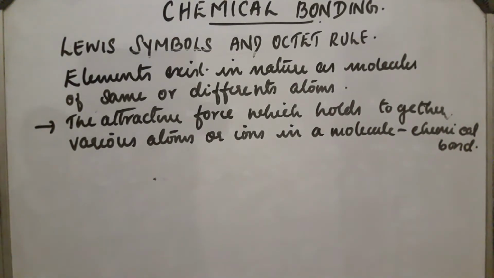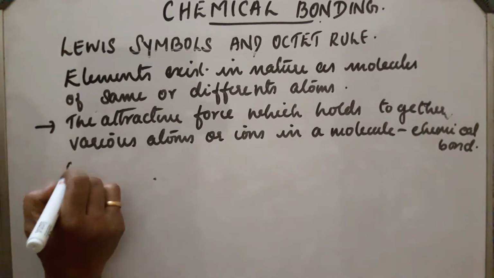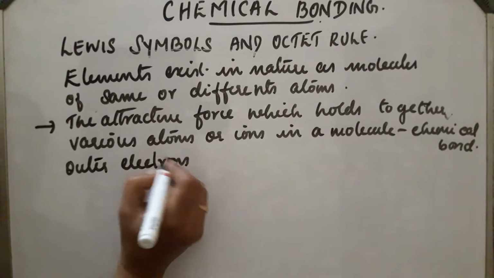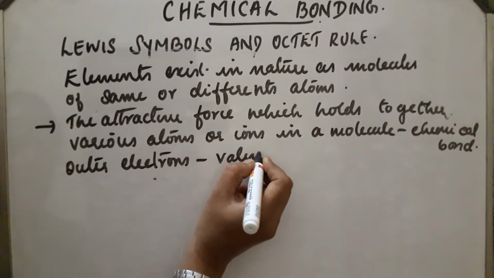For bond formation, these atoms use their outer electrons. Outer electrons are used for bond formation, and they are also called valence electrons.